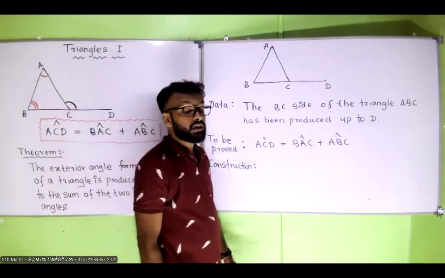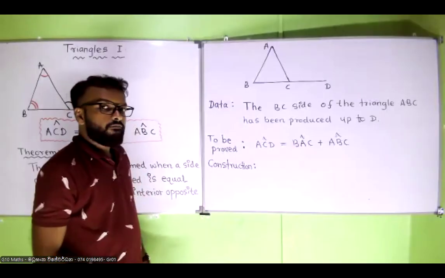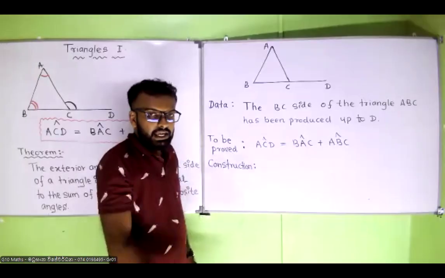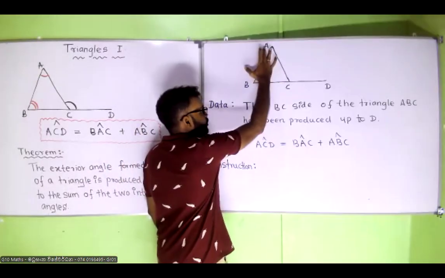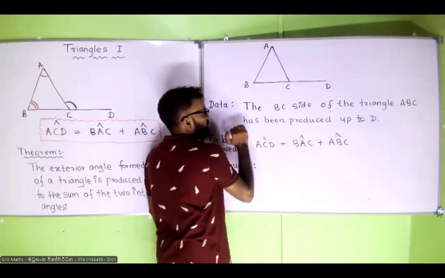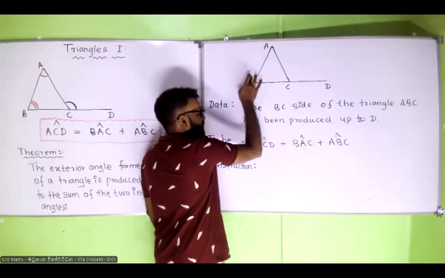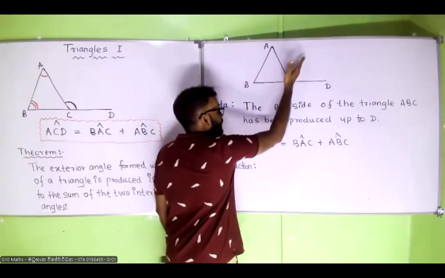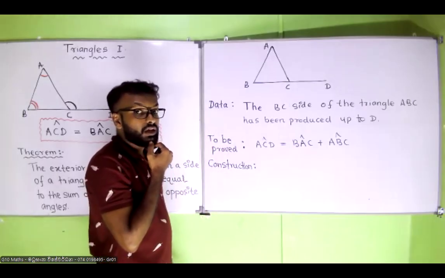So what is the construction that we are going to do? We are going to construct a parallel line to this side AB, which goes through our point C. Understood?